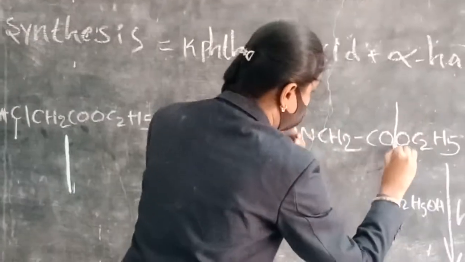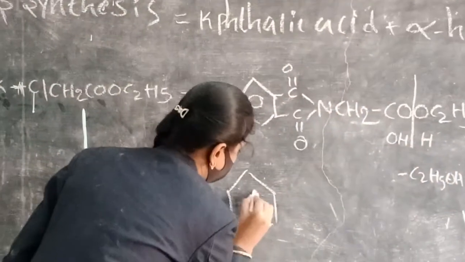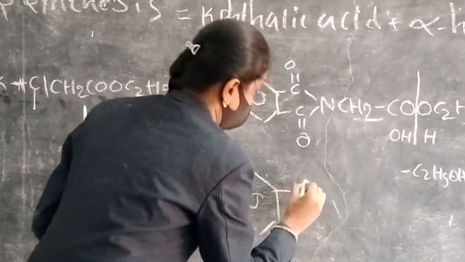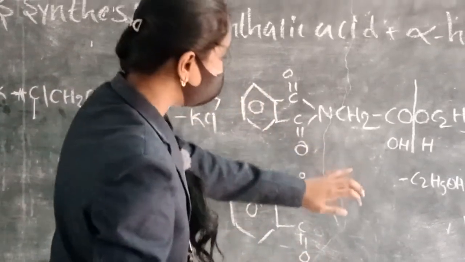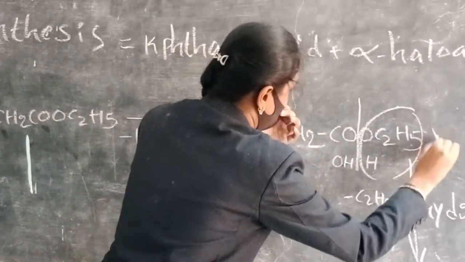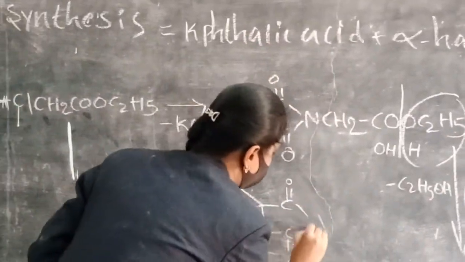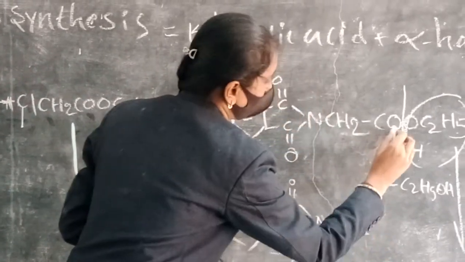We add water here, so we get C double bond O and here also. Then we have to eliminate this one, and we get NCH2 and COOH.